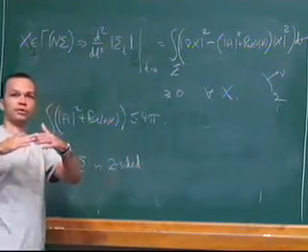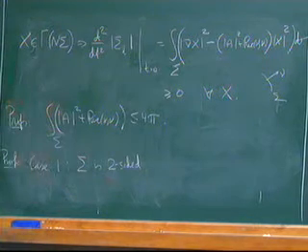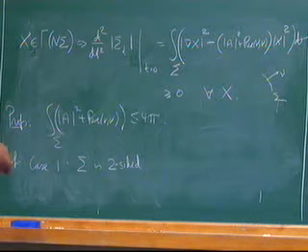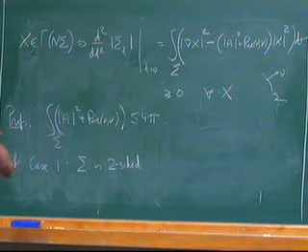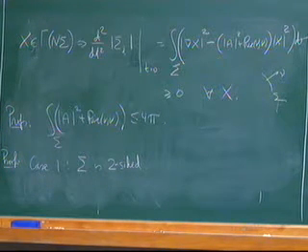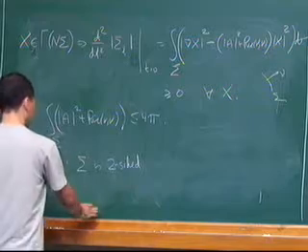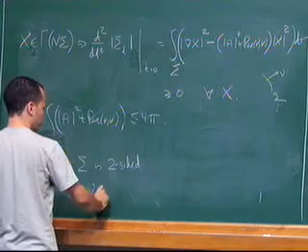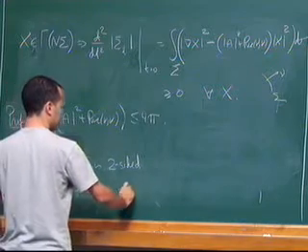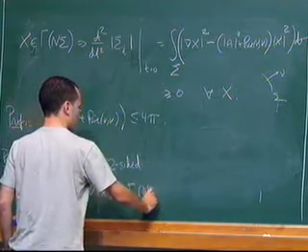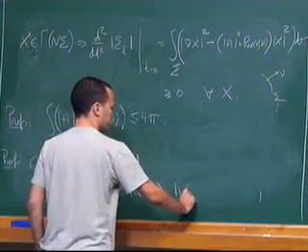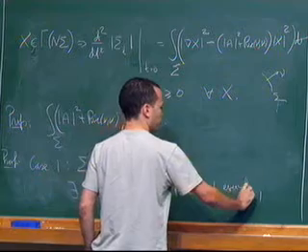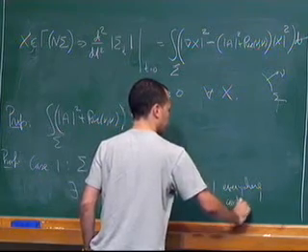Two-sided means, intuitively, that there are two well-defined sides of the surface. Precisely, it means that there is a continuous unit normal vector everywhere. So if sigma is two-sided, we know that there exists nu, a section of the normal bundle, unit and continuous everywhere.